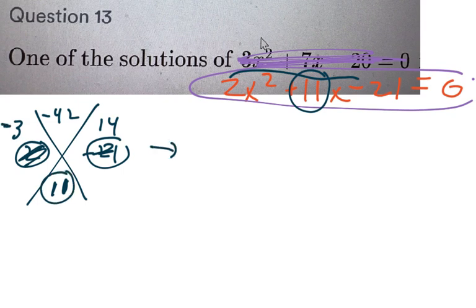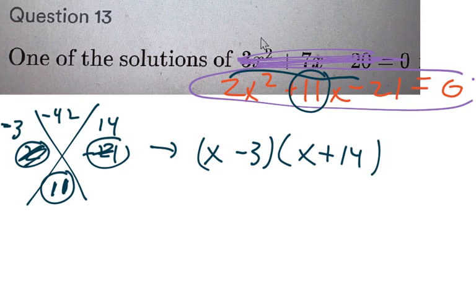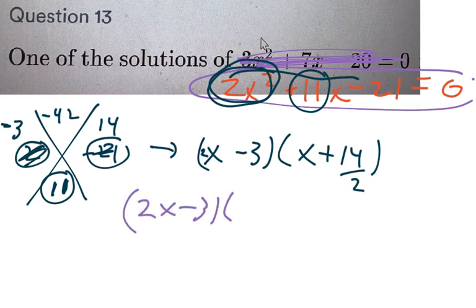So the x method tells me x minus 3 with x plus 14. I'm not quite done because my quadratic has a 2 here in front of the x squared. So I need to divide that 2 out of 14 so I can times this by 2. So my final factored form is 2x minus 3 and x plus 7, since 14 divided by 2 is 7.